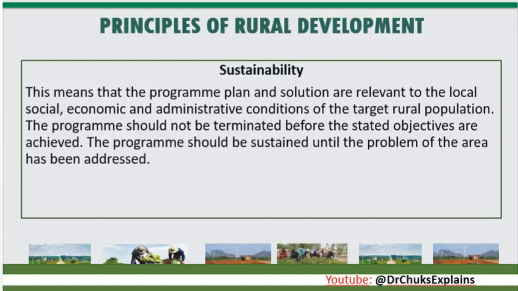Now, another principle is sustainability. This means that the program, plan, and solution are relevant. So, first and foremost, every rural development plan should be relevant to the social life of the locals, economic life of the locals, and administrative conditions of the targeted rural population. Once it is relevant, then it will contribute to their well-being.